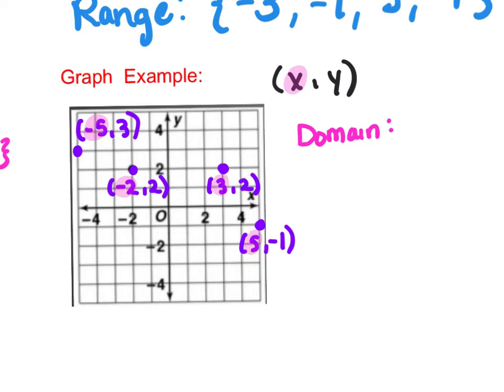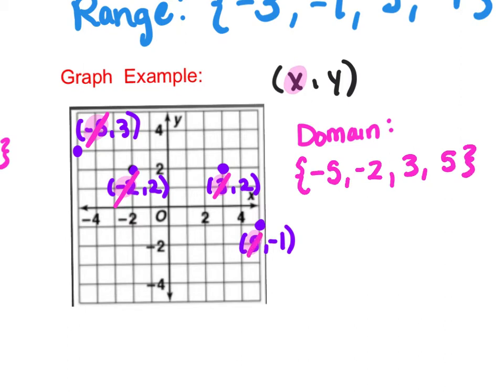And we can see we don't have any repeating ones, so I could just go ahead and list all of them separately. So I put my bracket. The smallest of my domain is negative 5. Then my next smallest is negative 2. The next smallest number is 3. And the last one will be 5.